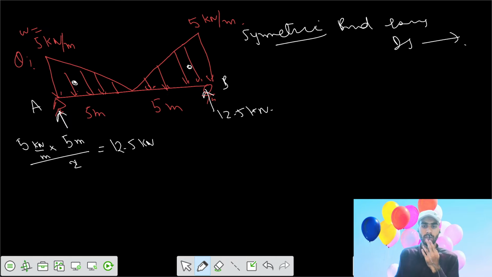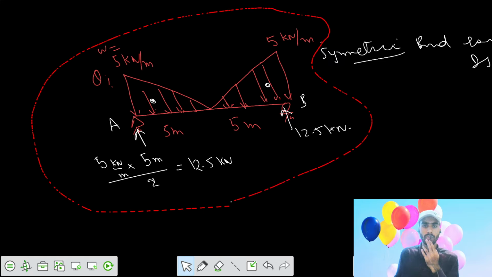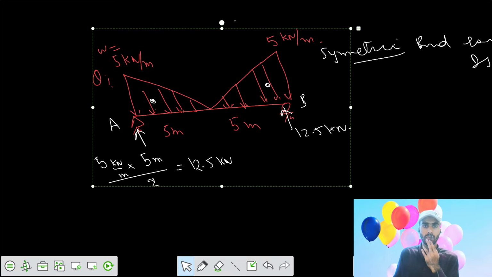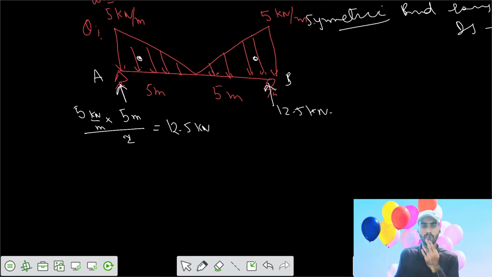If you want to say what is the shear force diagram, say this is your reference line. We have the shear force at the ends equals 12.5, and at this point, since the reaction is at the support B, reaction is upwards, that means just before the support B, shear force would have been minus 12.5.